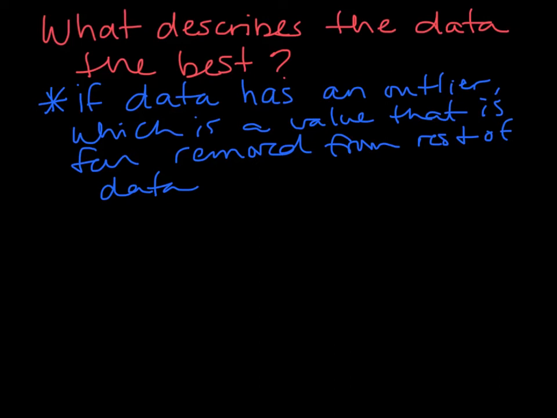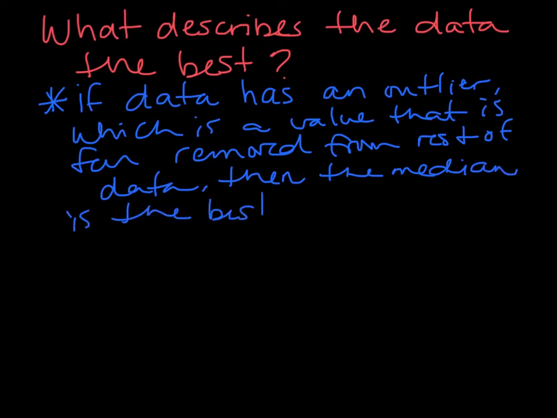Let me finish this thought. If the data has an outlier, which is a value that's far removed from the rest of the data, then the median is the best representation for the data.